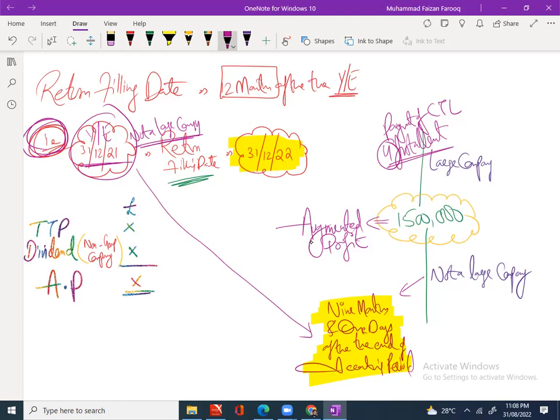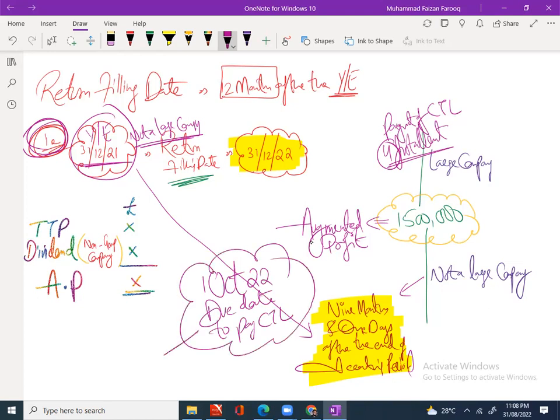You can remember or memorize it in this way as well: 10th month first day, or 9 months and 1 day. In the Finance Act, government wrote it in this manner, complete 9 months and 1 day. In the example of year ended 31st December 21, the 9 months will be in September and the first day of the 10th month will be 1st of October 22, which is my due date to pay corporation tax liability.